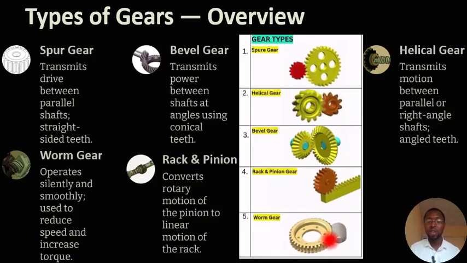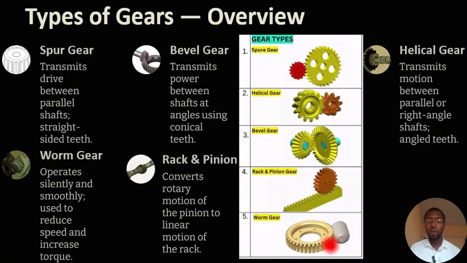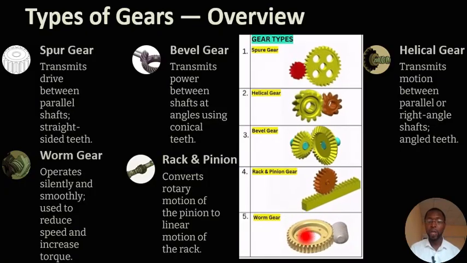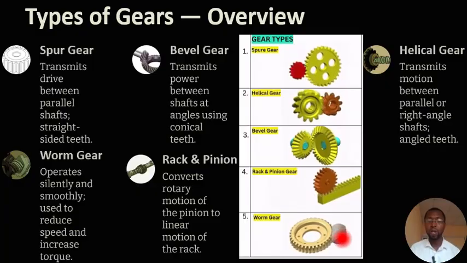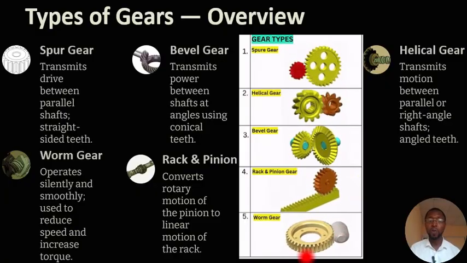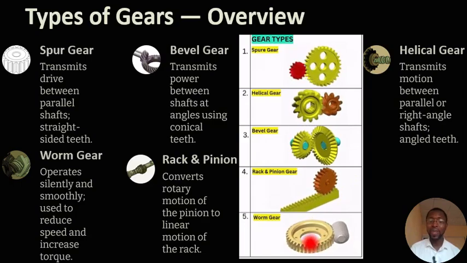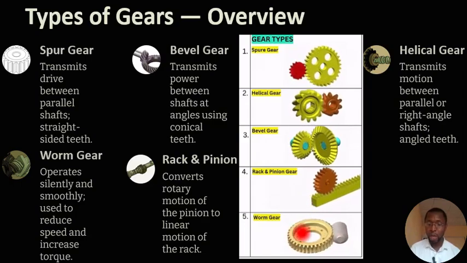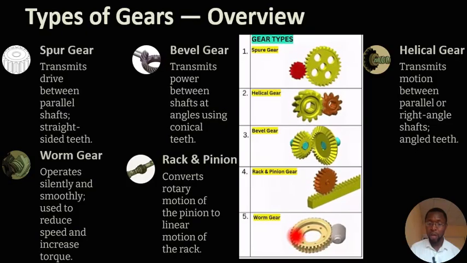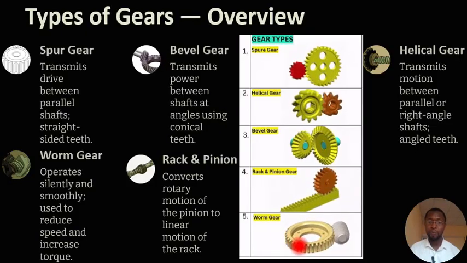That is, it will increase the rotational force of that machine. When you apply force in a rotational manner over a particular distance, it helps in increasing it because of the way it's rotated. You could say that is the work of this worm gear.